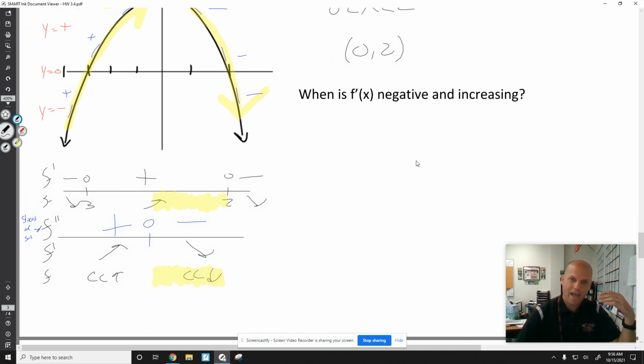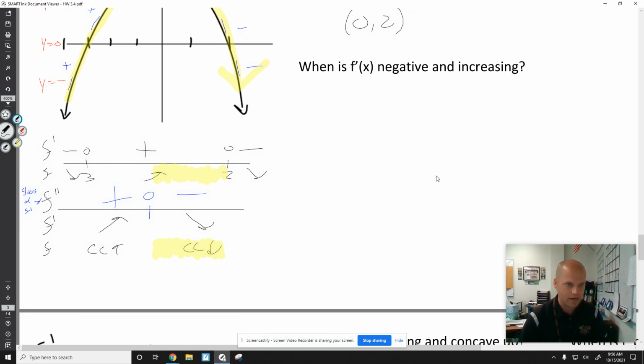That's the same as when f is decreasing at an increasing rate, or f prime negative and increasing. Here's f prime increasing, here's f prime negative and increasing. Right there. So from negative infinity to negative 3.